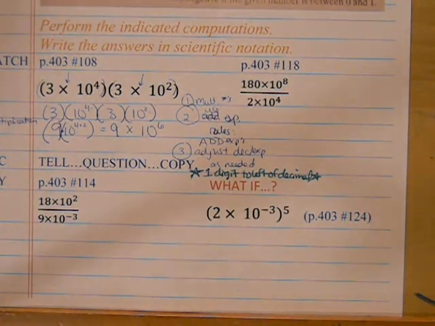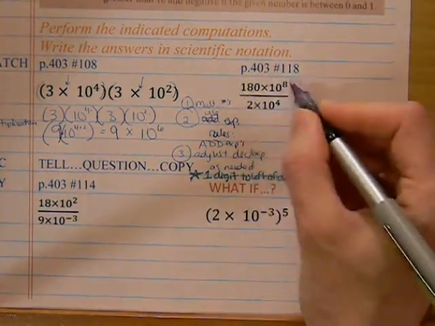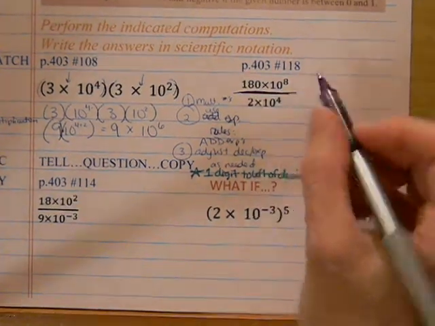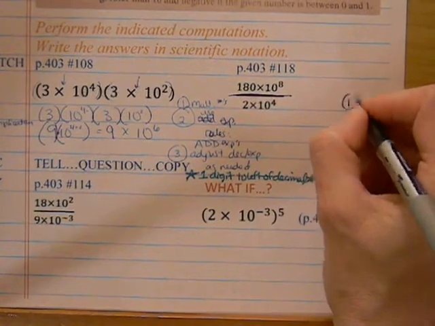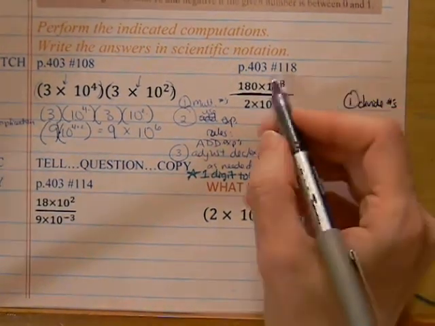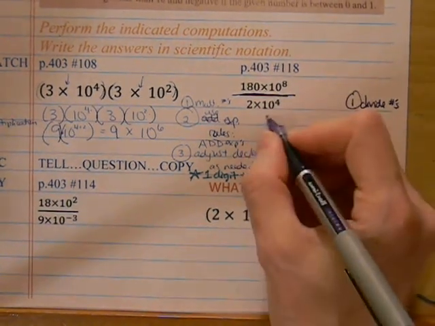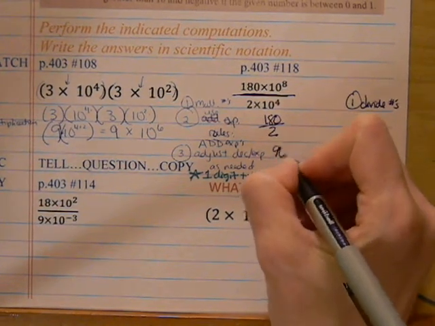Okay. So let's look at number 118. We now have division. We've got scientific notation divided by another number in scientific notation. So again, we're going to divide the numbers separately, just like we did earlier. So you're going to have 180 divided by 2, and that's going to give you 90.